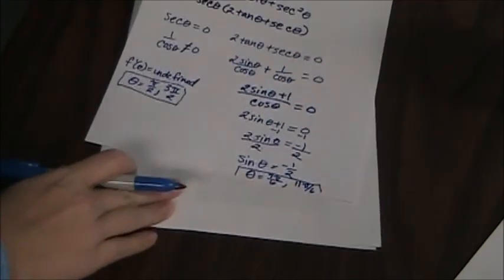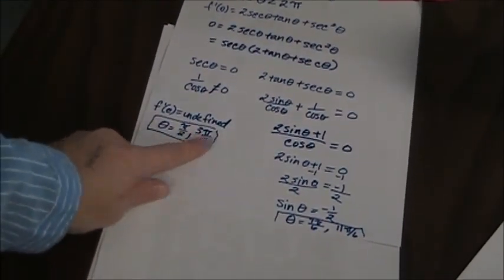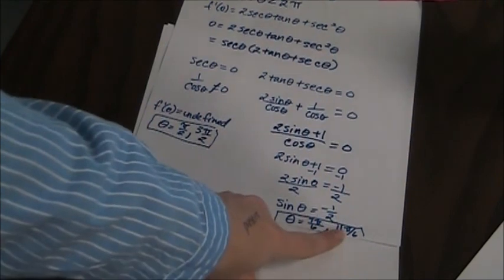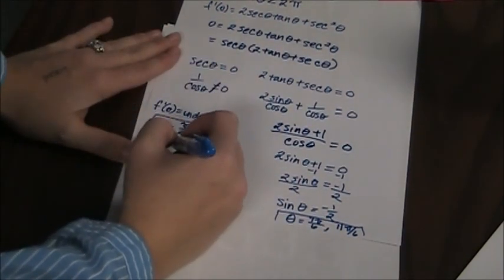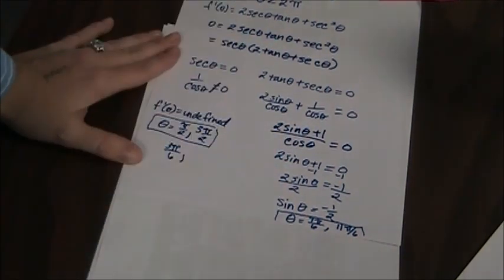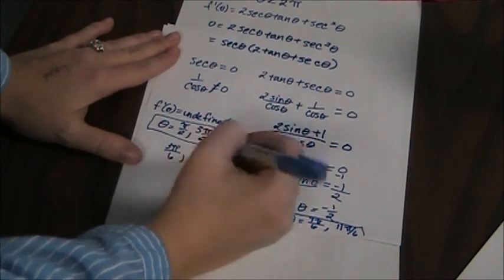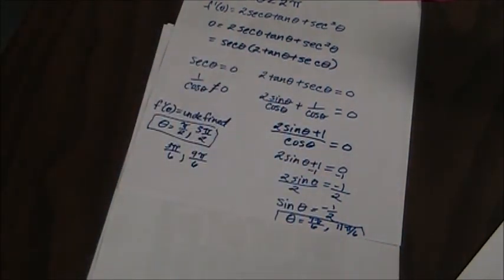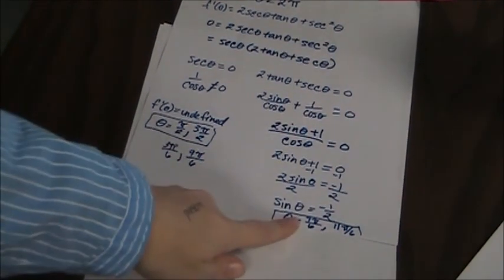So if I am trying to compare pi over 2, 3 pi over 2, to 7 pi over 6 and 11 pi over 6, I need to rewrite these over 6. So pi over 2 is 3 pi over 6. 3 pi over 2 would be 9 pi over 6. So now I have them in order. I know 3 is the smallest value, then 7, then 9, then 11.